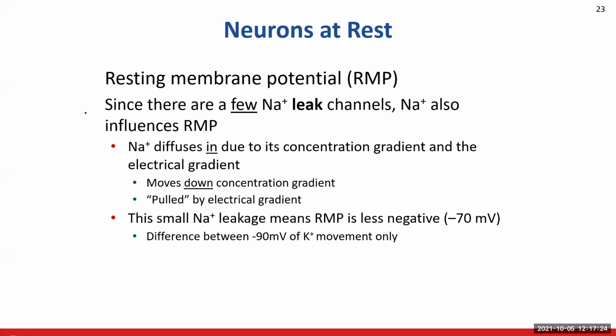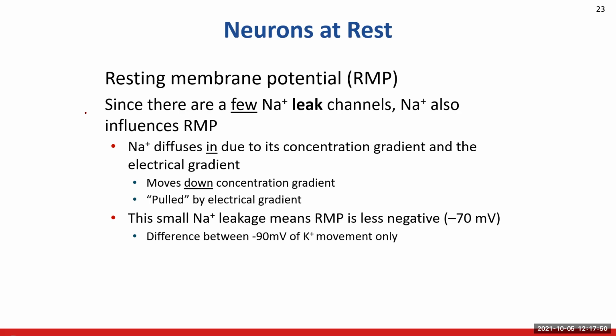One is that its concentration gradient favors its movement into the cell because there's less sodium inside the cell. And it's a positively charged ion and is attracted to the negative inside of the cell because of the negatively charged proteins and the negatively charged phosphate ions. So they're actually going to pull the sodium into the cell.